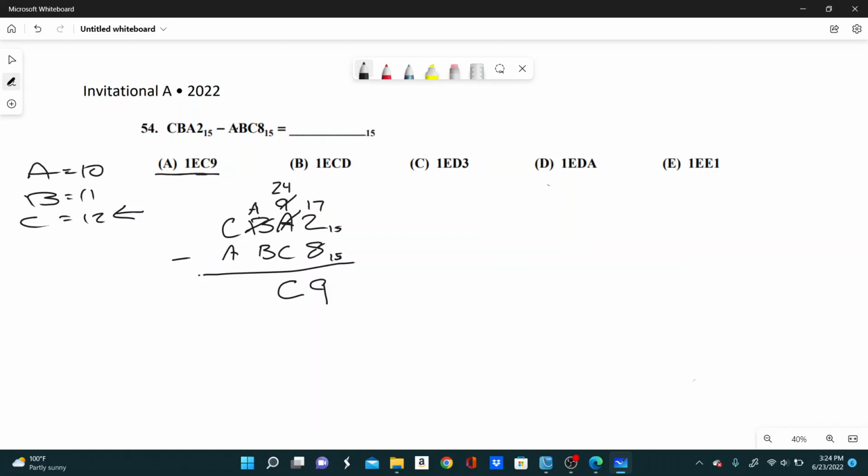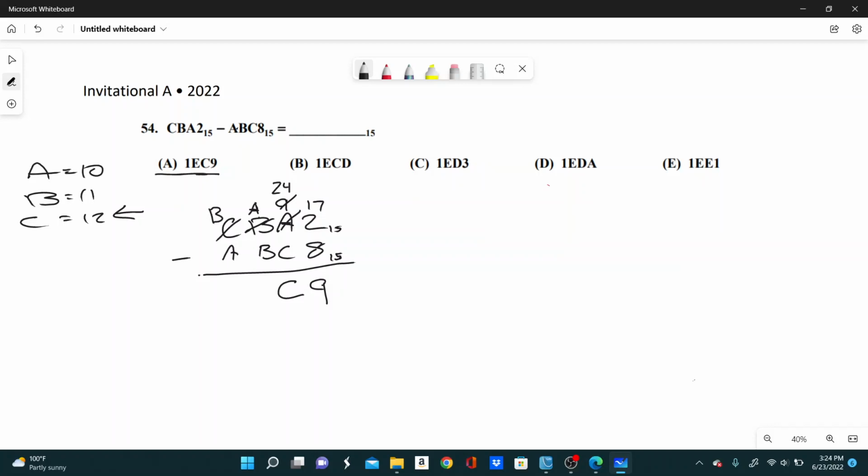All right, so next we have to do A minus B. So A is analogous to 10, and B is analogous with 11. So we're going to have to borrow again. So let's see. This C, if we borrow from it, is going to become a B. And then A is analogous to 10, and so if we borrow from the C, we add 15 to make it so we can subtract.